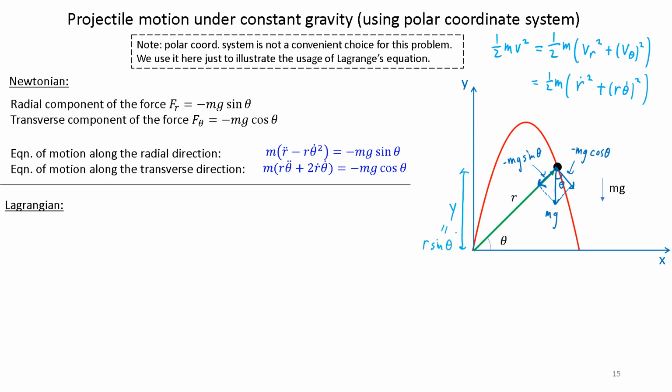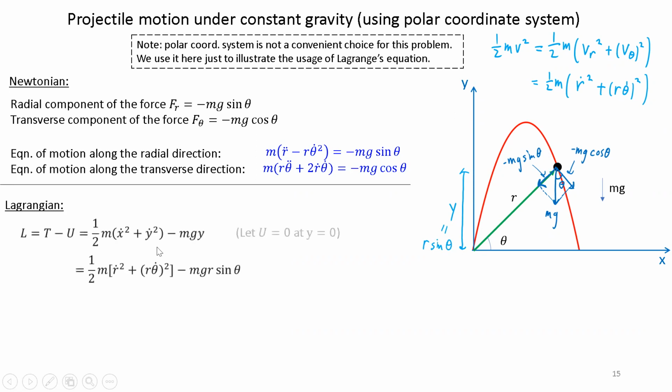So instead of writing mgy, you should write it as mg r sine theta. So then kinetic energy and potential energy are all ready. So now I have this Lagrangian in terms of r and theta, then we just use the Lagrange equation.